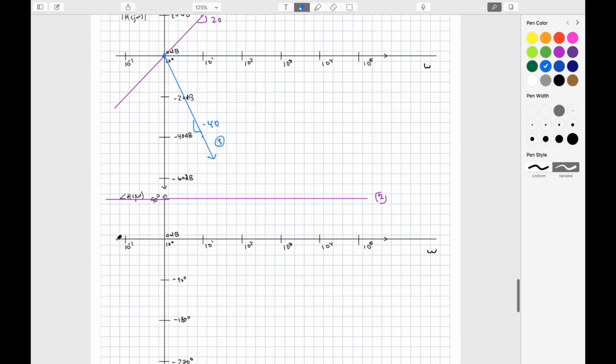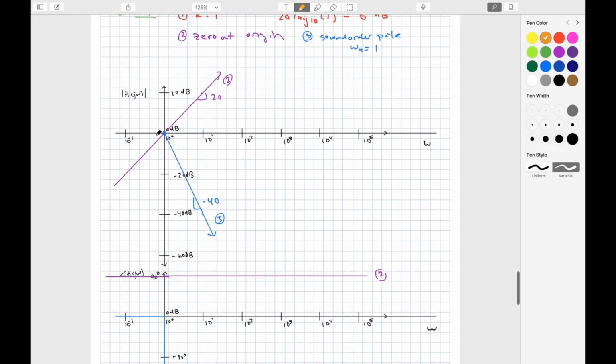And I'm going to jump from a phase of 0 to a phase of negative 180 right at 10 to the 0. And then finally, drawing the final line, I'm going to go through each range of frequencies and add together all the contributions.